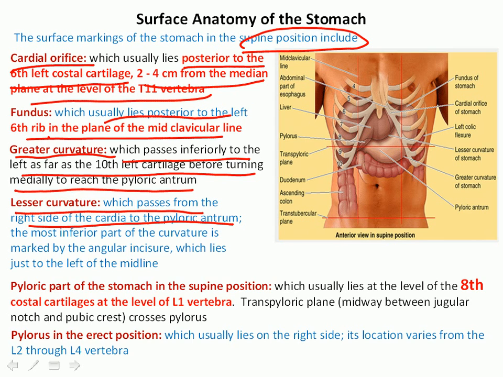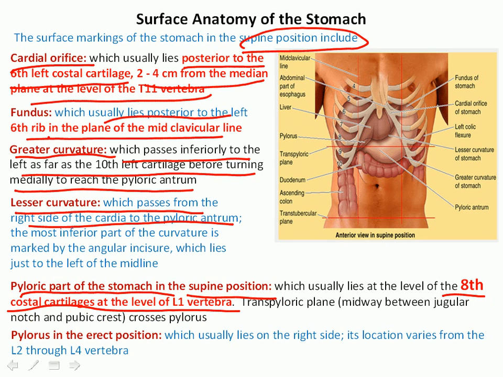That is what we would see, not on the superficial but let's say the surface anatomy of the stomach, if we open the anterior abdominal wall. Now, concerning the pyloric part of the stomach, it depends on the position in which you examine the patient. Let's say the patient is in supine position, lying on his back.